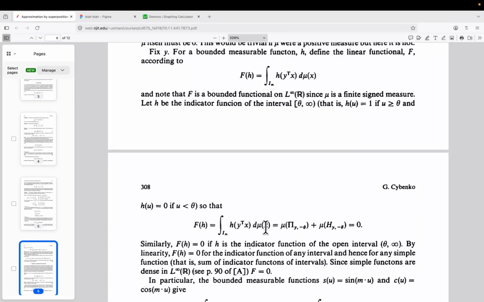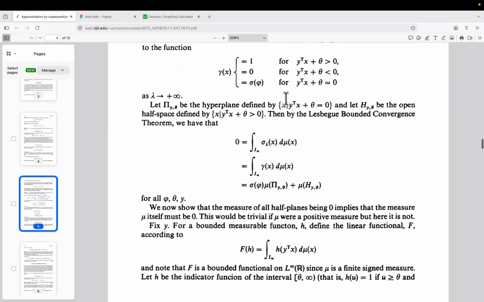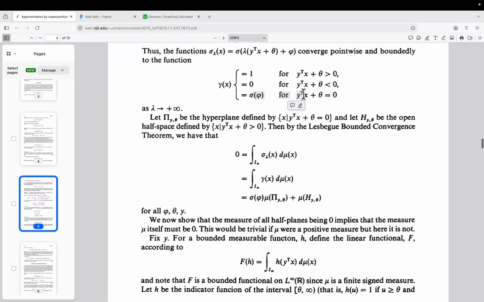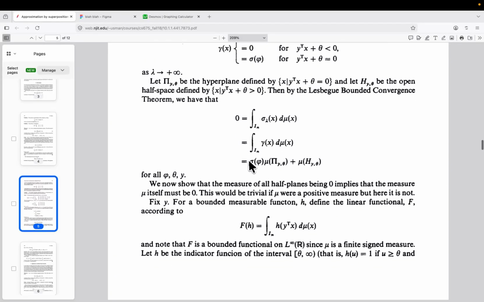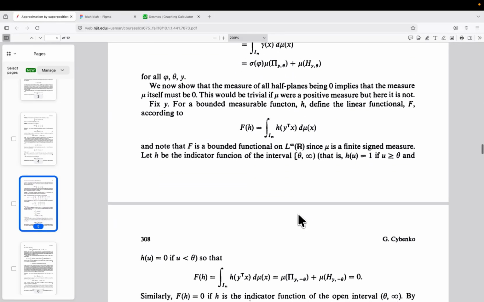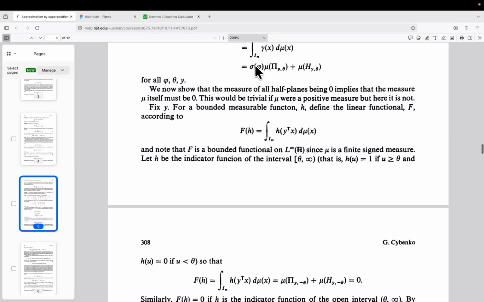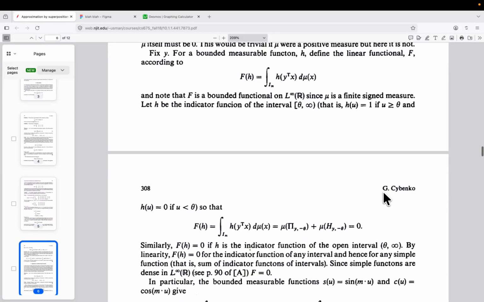What we're doing here is that we have a function with certain properties that is related to half spaces. We're creating an indicator that would separate half spaces.